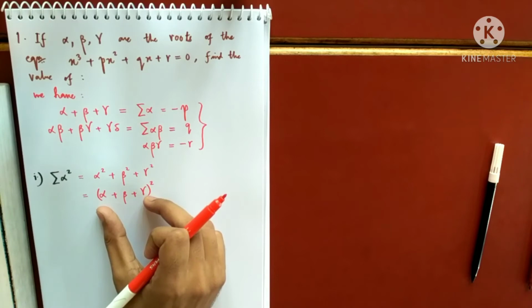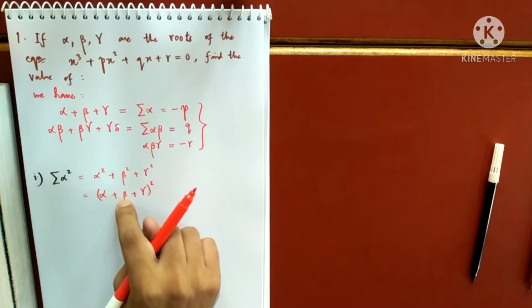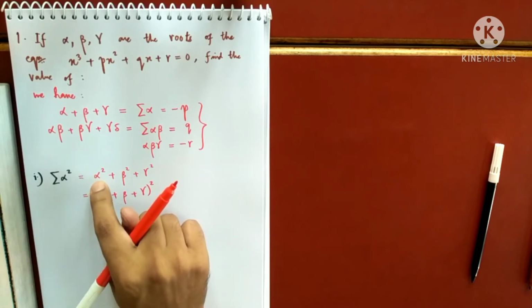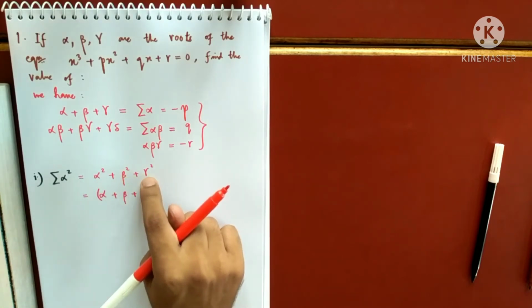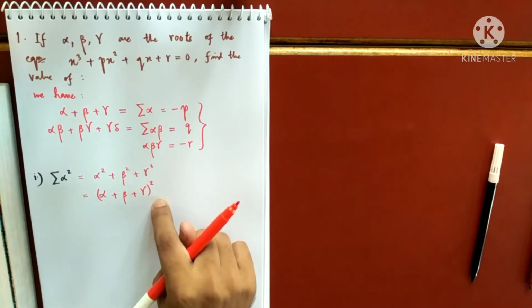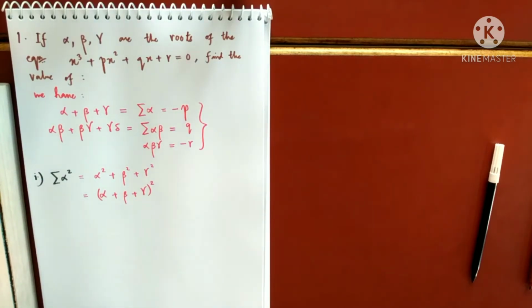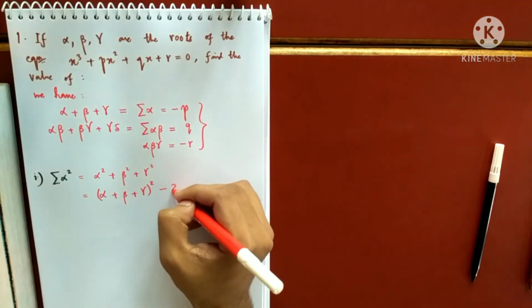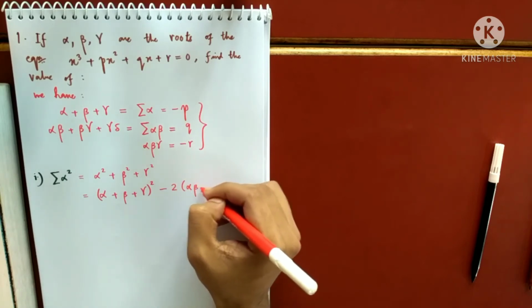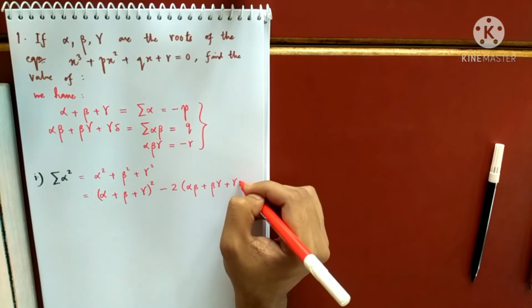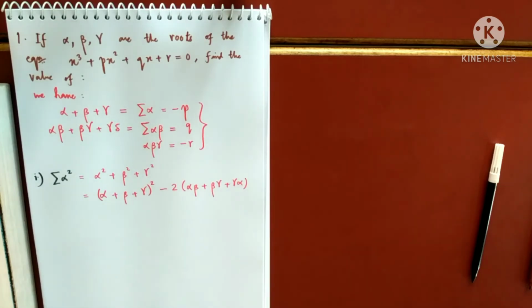So these two are definitely not equal. I just wanted alpha square plus beta square plus gamma square, but this is giving me alpha square plus beta square plus gamma square plus 2 alpha beta plus 2 beta gamma plus 2 alpha gamma. So I have to subtract 2 alpha beta, 2 beta gamma and 2 gamma alpha. Again I'll explain.